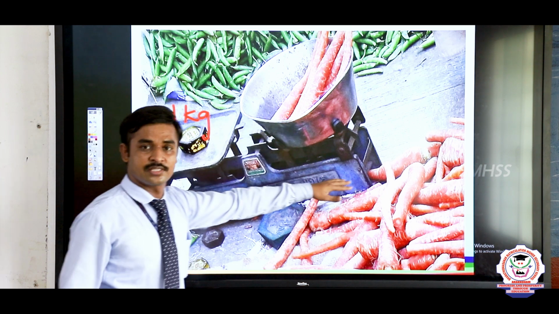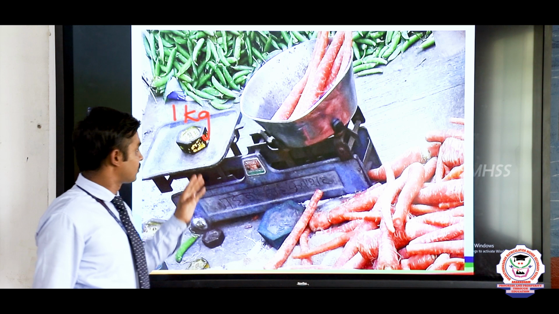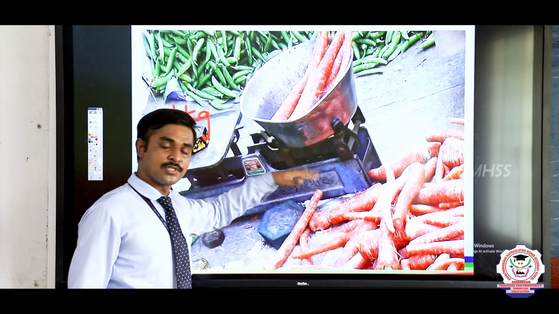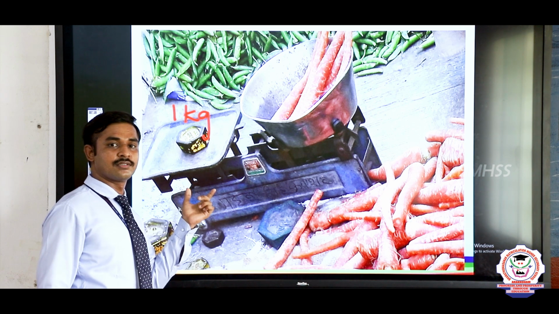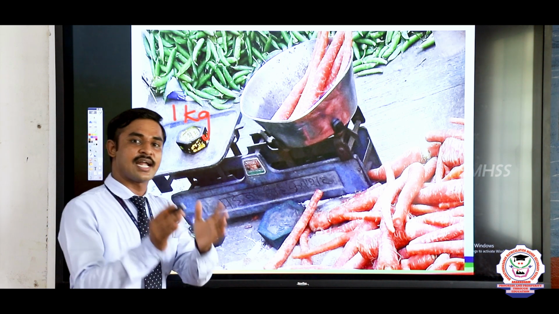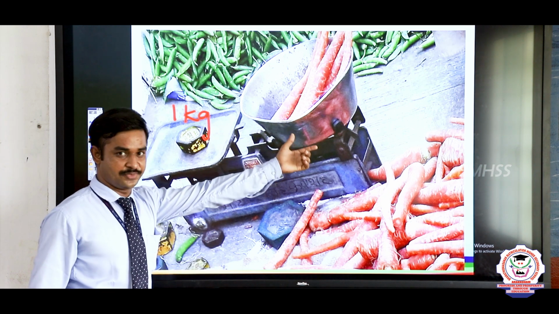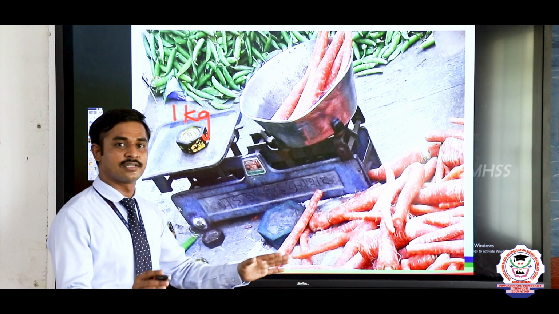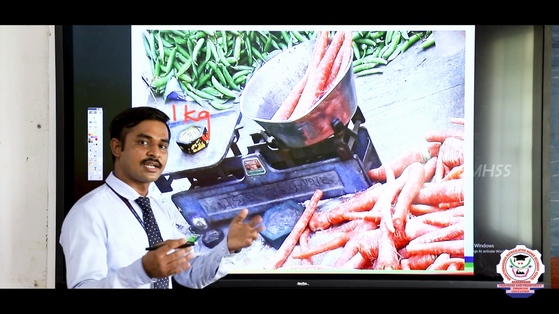For other vegetables, he uses the same weights to weigh the vegetables. So, when the vegetables are different, the weights are used many more times. So, the weight is a standard weight. This standard weight weighs the other objects. Like that, we use the standard atom for weighing the other elements.